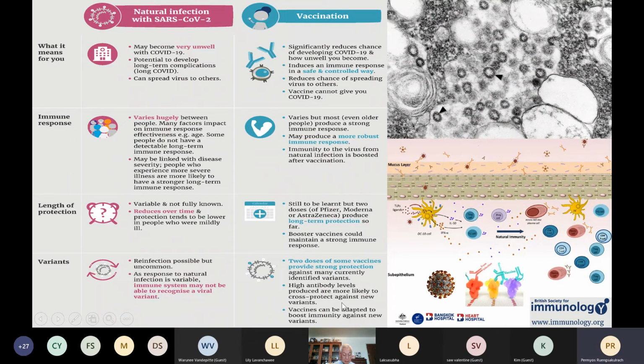And you can think about yourself. Do you want to get natural infection to get antibody, or do you want to get the vaccine to make your body produce immunity? Okay, we compare the two sides. Natural infection gives you a chance that you become very unwell, get admitted to ICU and die.